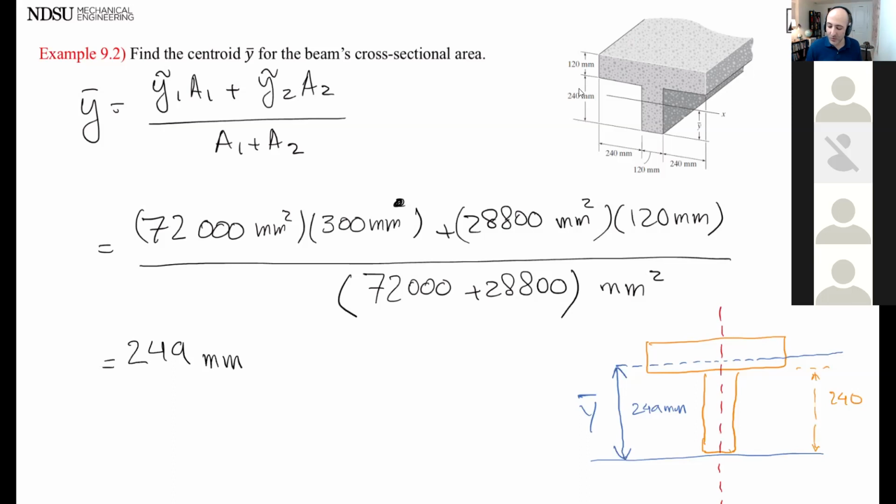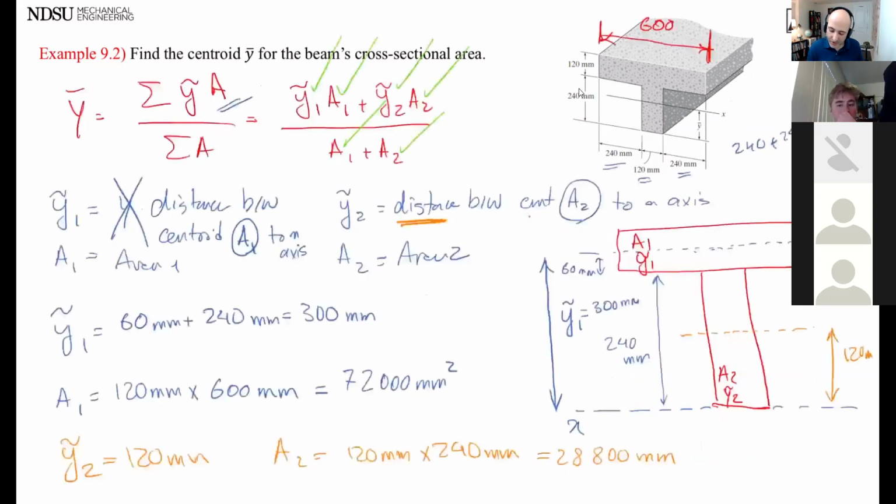Question, does it matter where my x-axis is? The figure is drawn there and I just moved it down here. Does it matter where the axis is in the centroid of this? No. So someone said no, but I'm going to challenge you. I just told you this is the distance between centroid of A2 to x-axis.